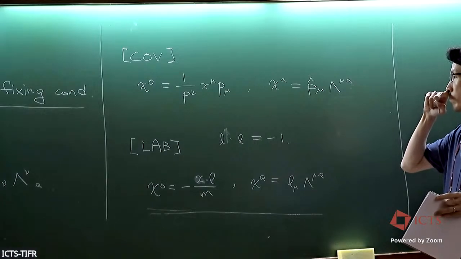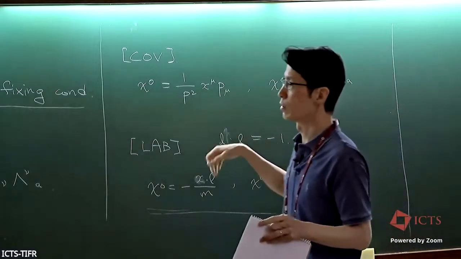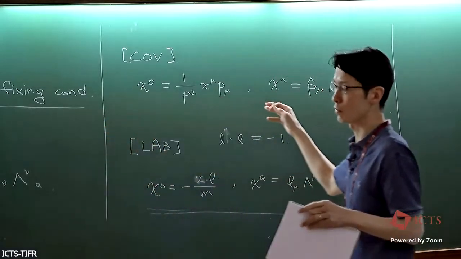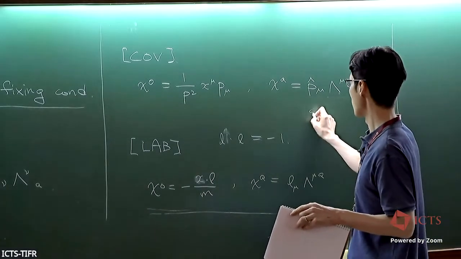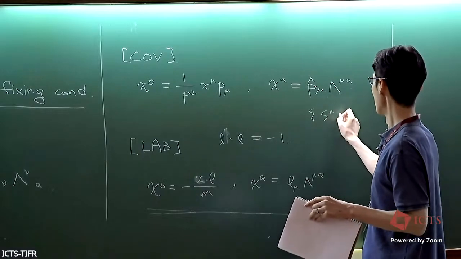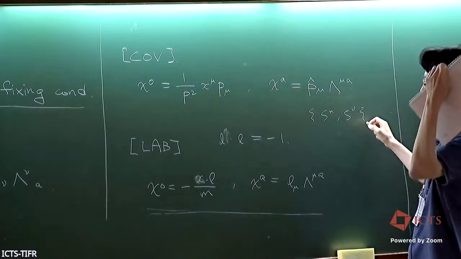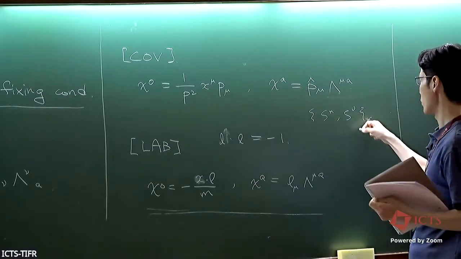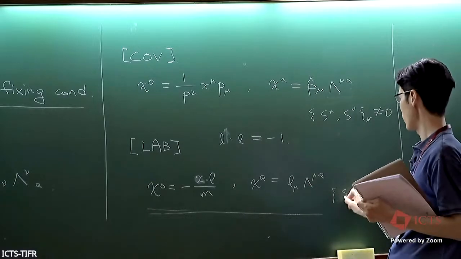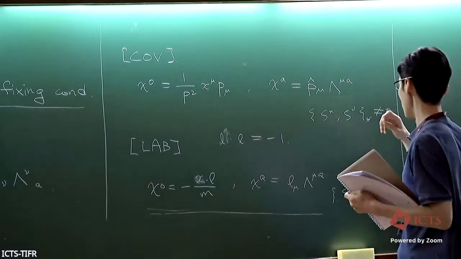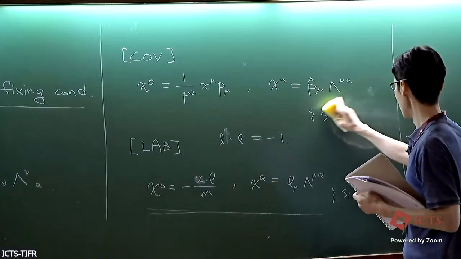And one major difference between these two choices is that if you incorporate the effects of the constraints using the Dirac bracket, the spin vector in the covariant gauge fixing, computed with the Dirac bracket, doesn't vanish, whereas here, effectively, everything becomes three-dimensional.